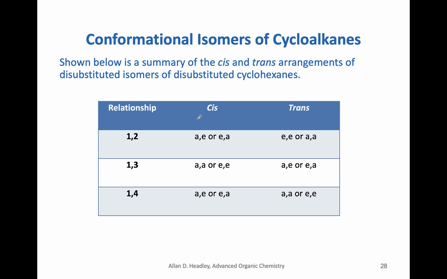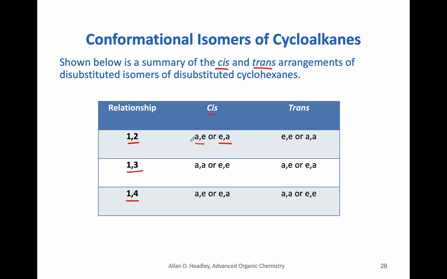For the cyclohexane rings, we can have the cis and the trans arrangements of two groups bonded to the cyclohexane. As you know, they can be a 1,2 relationship, 1,3, or a 1,4. If it's a cis, it's axial-equatorial or equatorial-axial. So this will be very helpful.